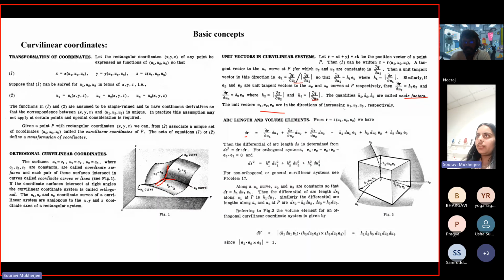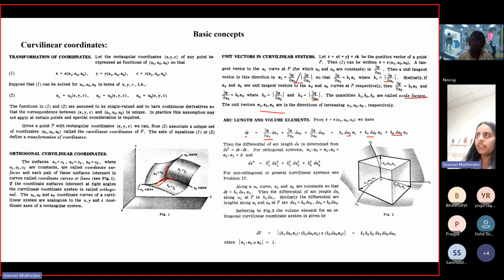Now if we substitute, this is the same as what we had done before, finding the tangent along this curve. So you write it as h1, which is your scale factor in that direction, times E1, your unit vector, times du1. Similarly, you do it for the other two directions.